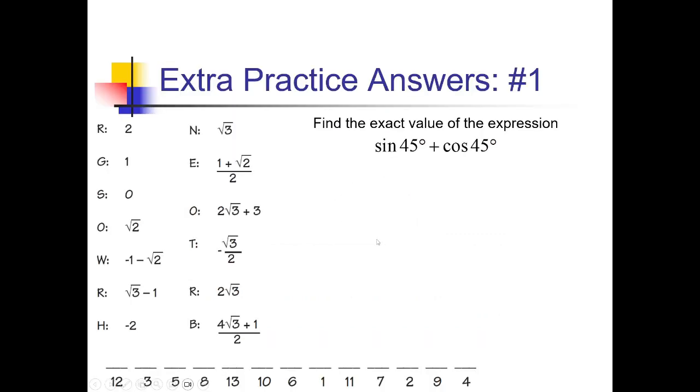So here we go with the first problem on this. Now my strategy on all of these is going to be kind of the same. I'm going to try to get it down to either sine or cosine of a special angle, like 30, 45, 60, or 90, or something like that. And then I'm going to use my knowledge and memorized values of special angles to do the rest of the problem.